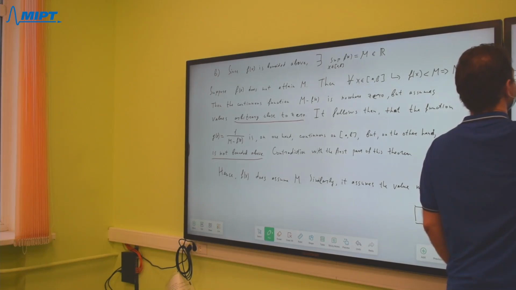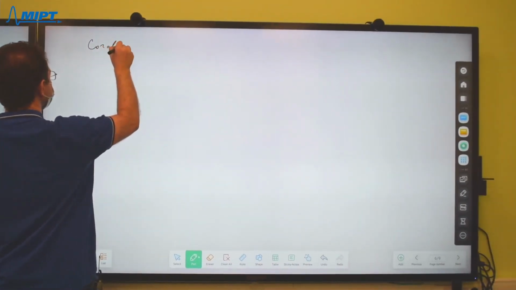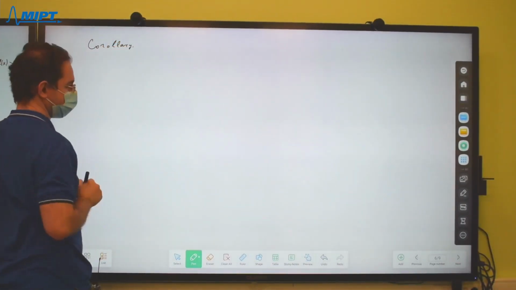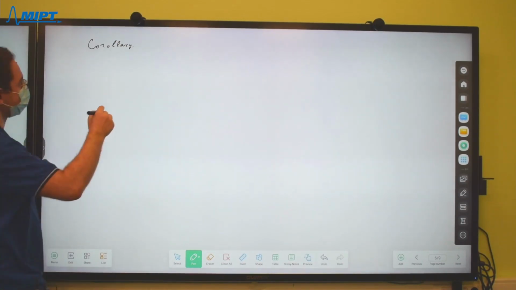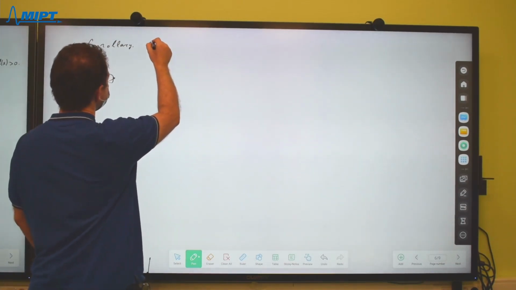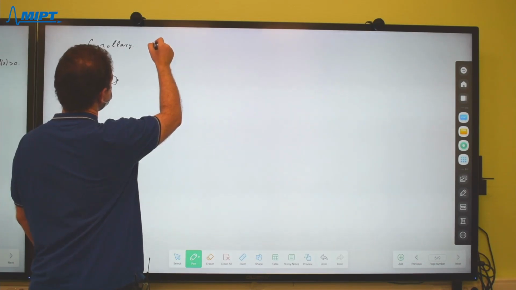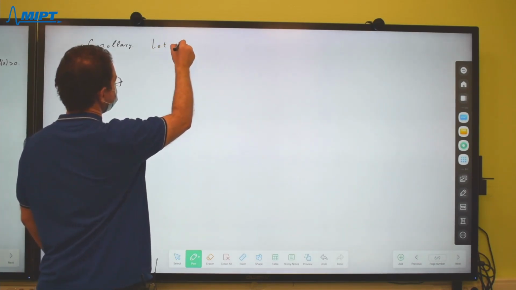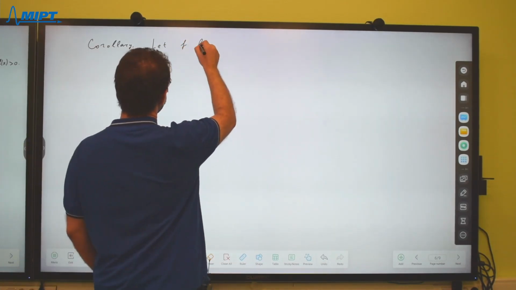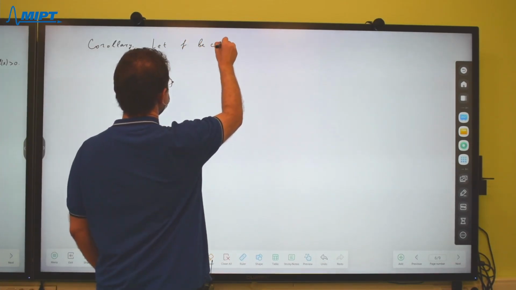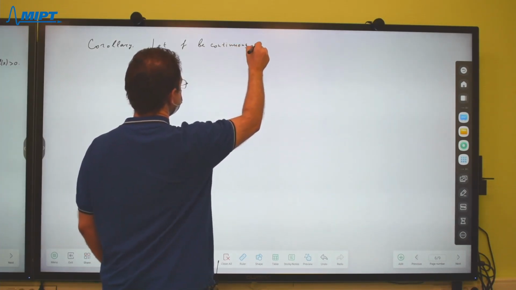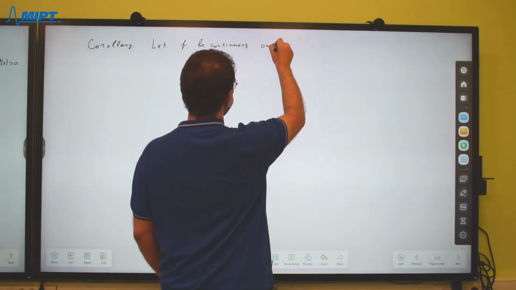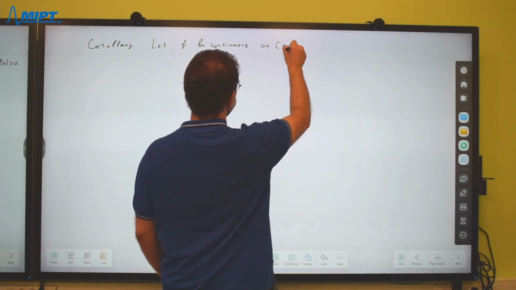Okay, corollary. Let a function f be continuous on a closed interval from a to b.